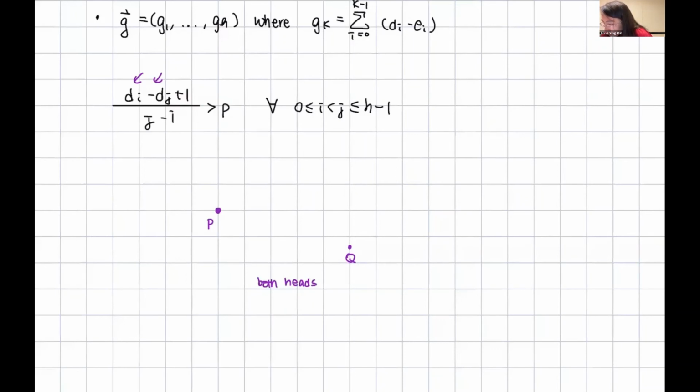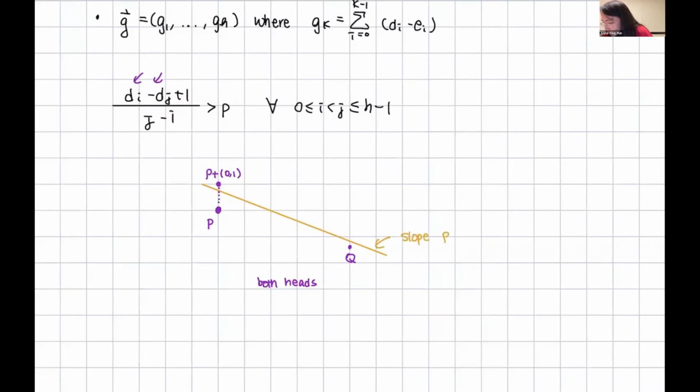Before that, I should say this: for any two heads P and Q, the P is on the left. You look at the point P plus (0, 1), so you just shift up to the lattice point just above P. And then any line with slope P has to be above Q.